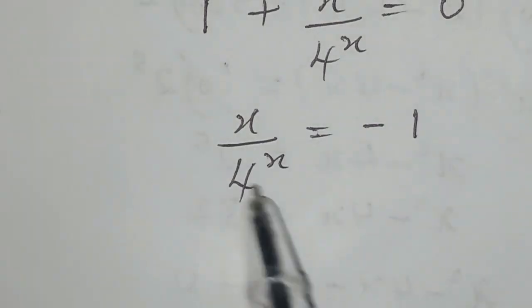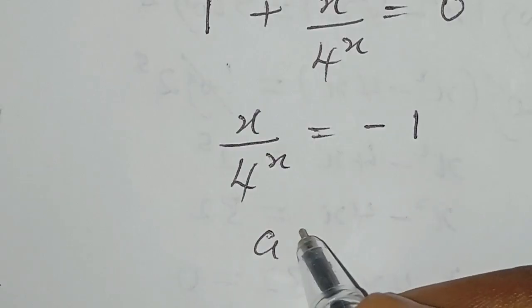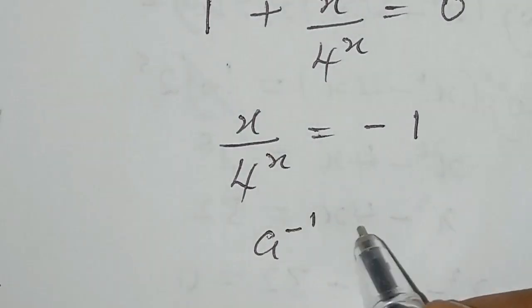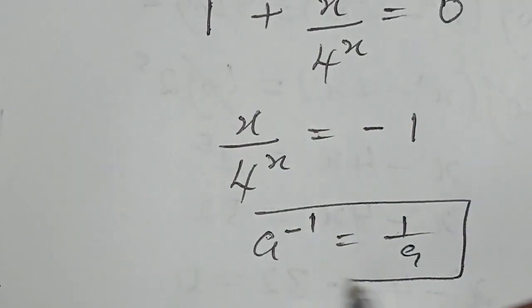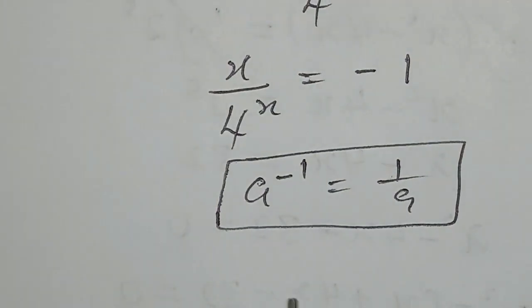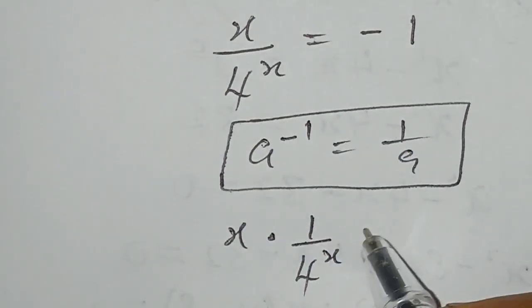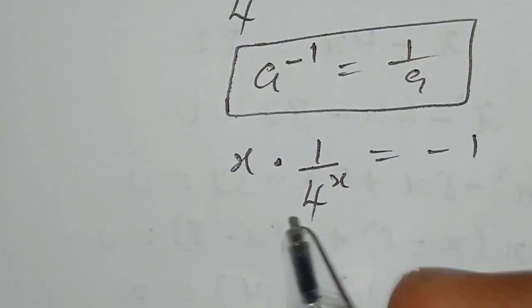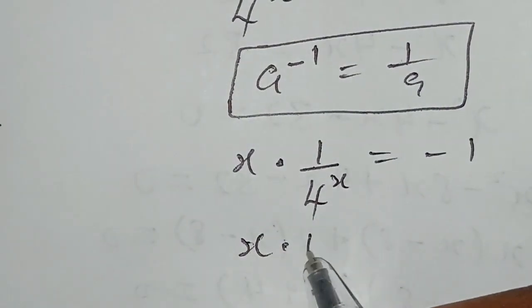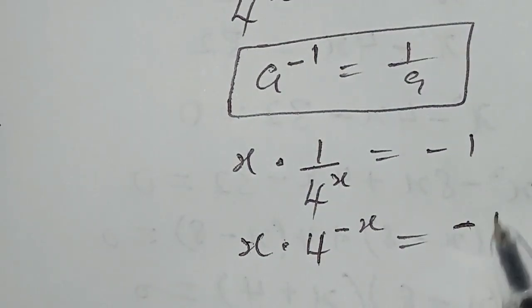Now from here, using our identity, a to the power of minus 1 can be written as 1 over a. So considering this identity, we can put this as x multiplied by 1 over 4 to the power of x, which is equal to minus 1. Then we transform this into x multiplied by 4 to the power of minus x, which is equal to minus 1.